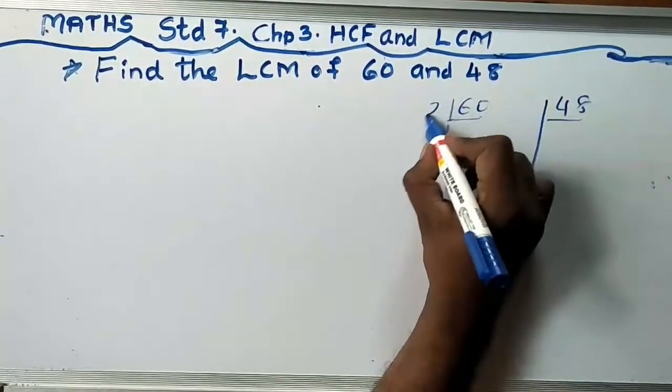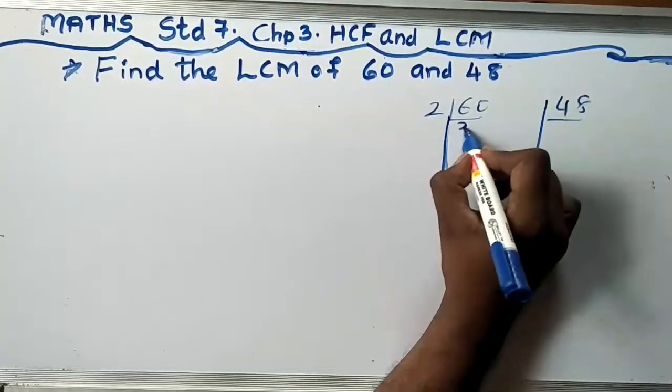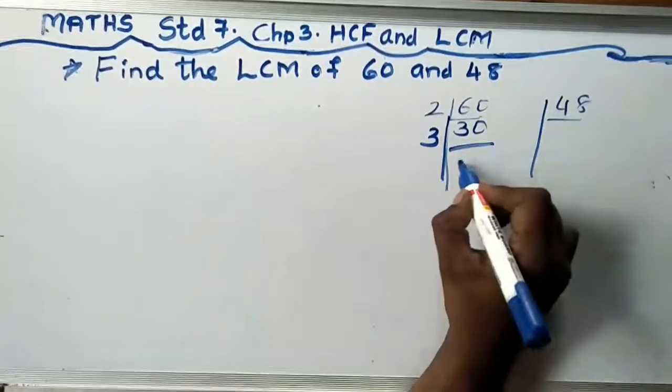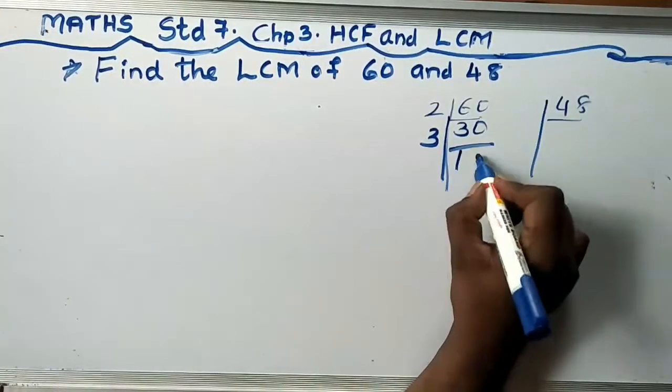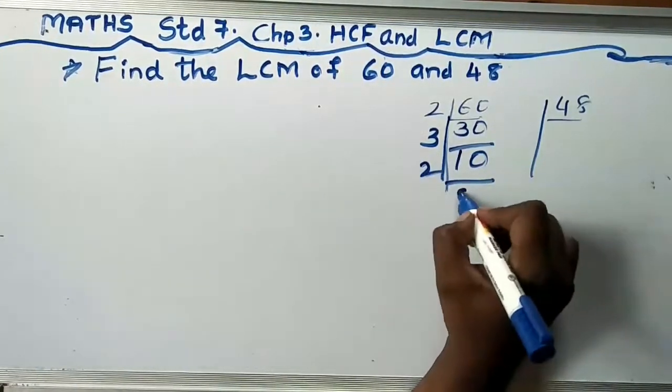For 60, 2 times in 2 table, 2 3s are 6, 0. 30 goes in 3 table. 10 goes in 2 table, 5.